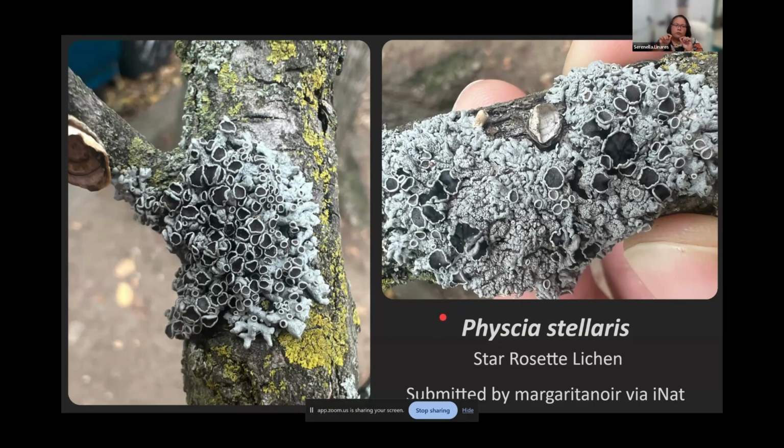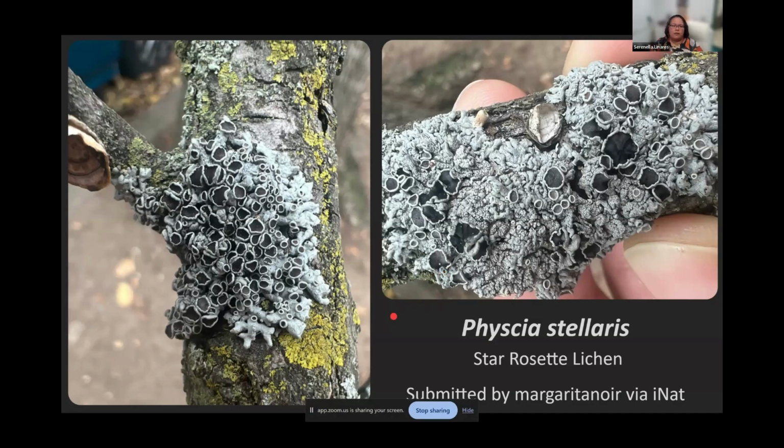They are smoother because they tend to be smaller. You would see quite a number of these dark discs, but they would be smaller relative to the size of the thallus, which is the name for the body of the lichen.